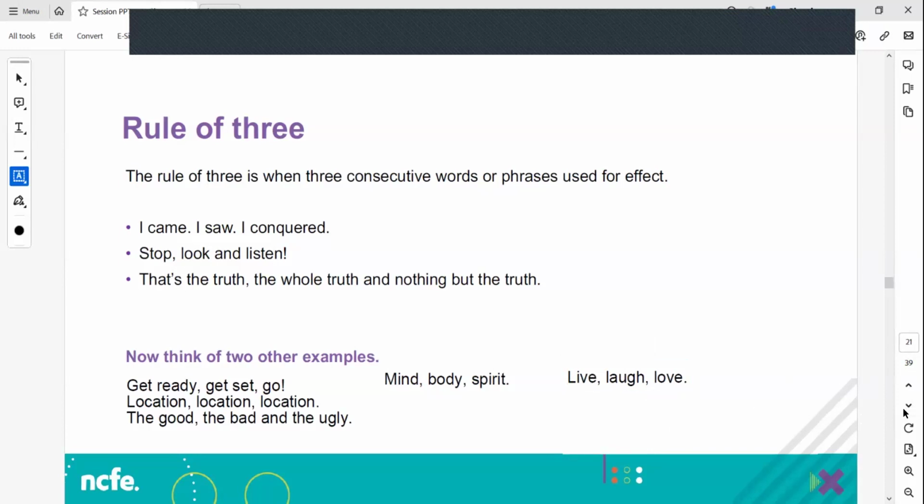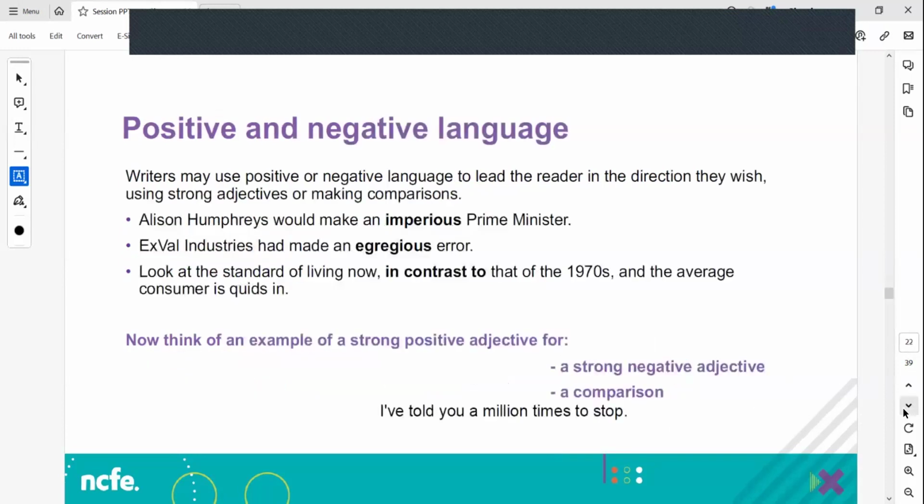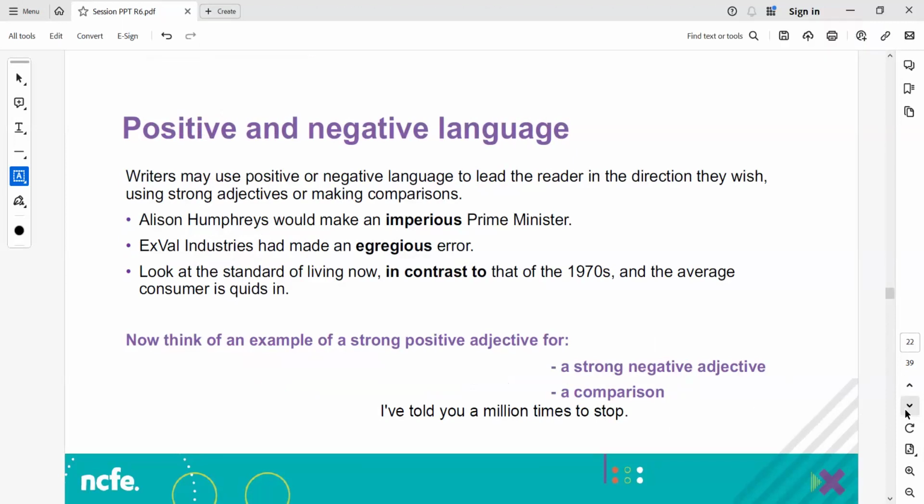So positive and negative language. This can be used to lead the reader in the direction the writer wishes, by using strong adjectives or making comparisons. So an author of a novel, they want you to have a certain opinion about a particular character.